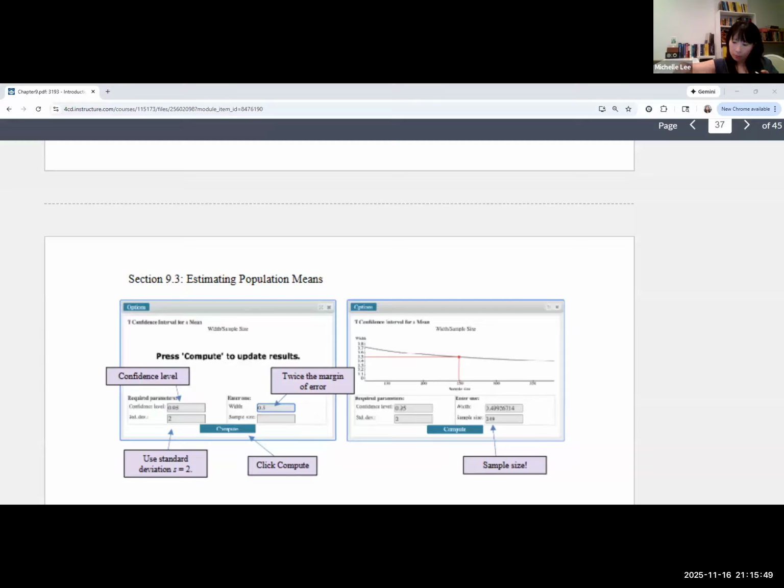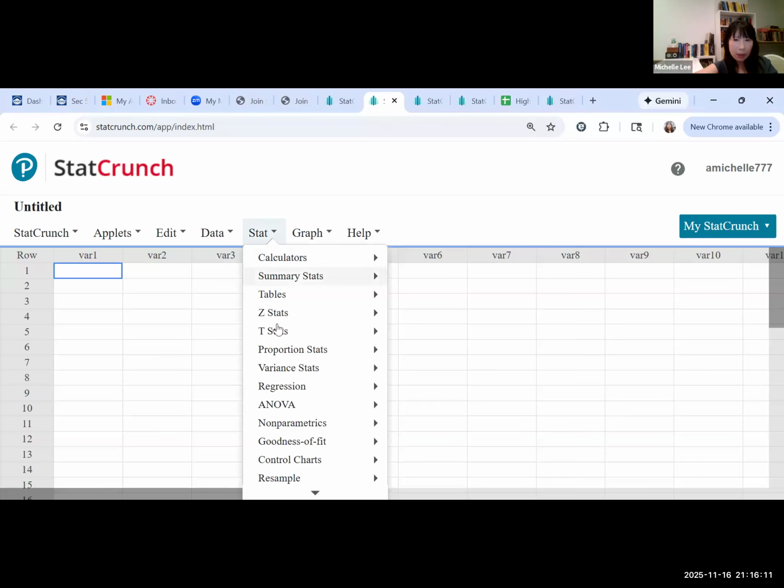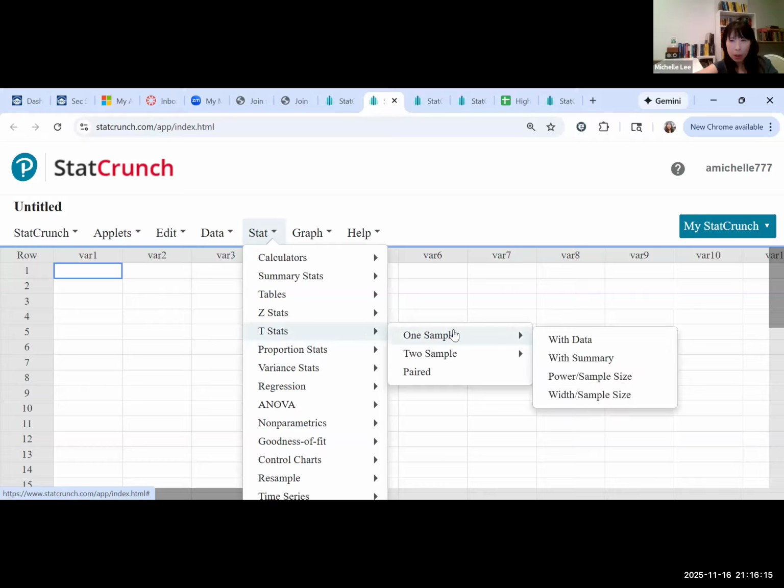We go to Stat, T Stats, One Sample, with sample size. Click that.